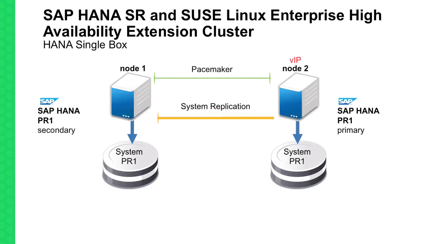Second, when the secondary becomes the primary, you could automatically reconfigure the old primary, that's now the secondary, to be a secondary and restart the system replication in the other direction, okay? But we normally recommend not to do that in an automatic way. Why?